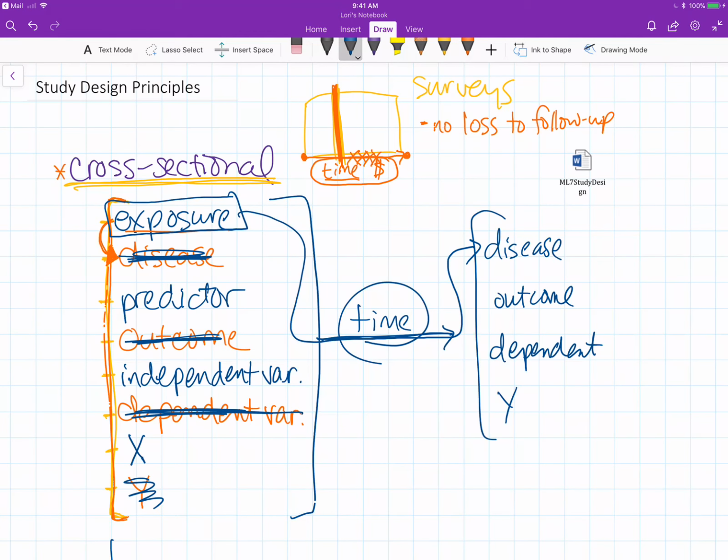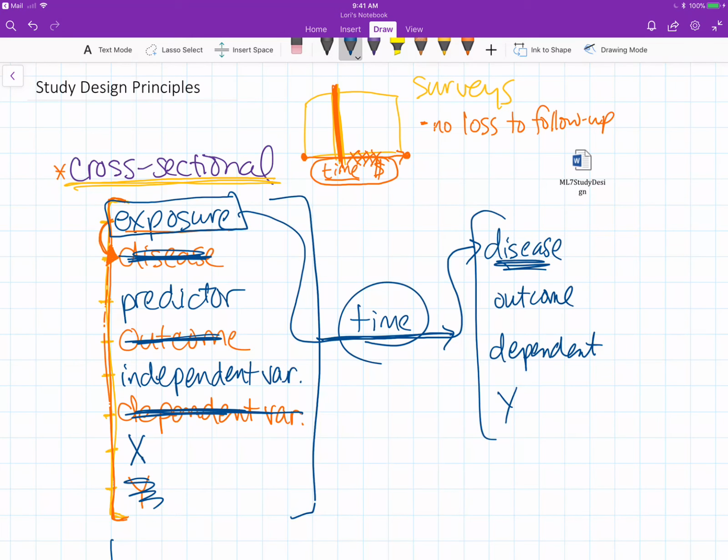So if I ask somebody, what have you been eating for breakfast, let's say in the last week? And then, do you have colon cancer? There was not enough time from them eating breakfast this week to having the disease.